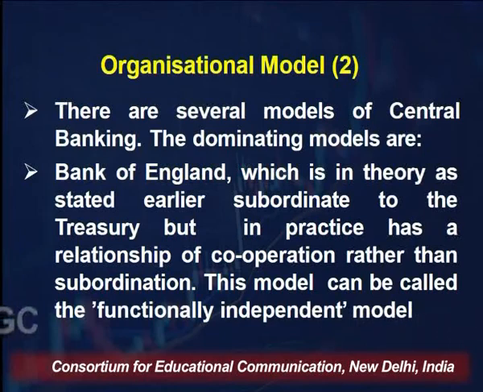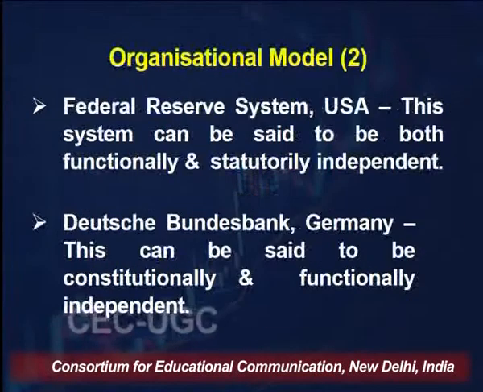The dominating models, to name a few, are the Bank of England, which in theory, as stated earlier, is subordinate to the Treasury, but in practice has a relationship of cooperation rather than subordination. This model can be called the functionally independent model of central banking.